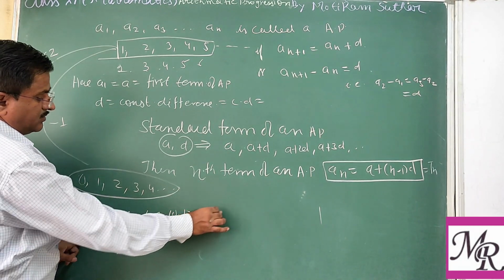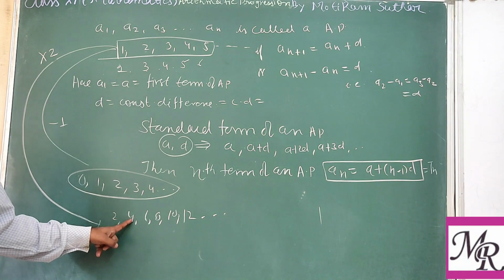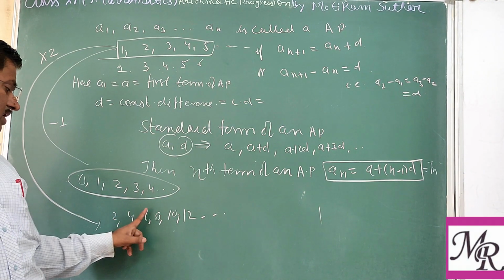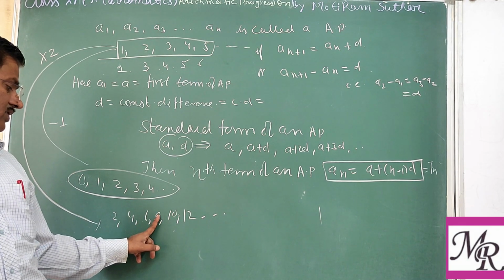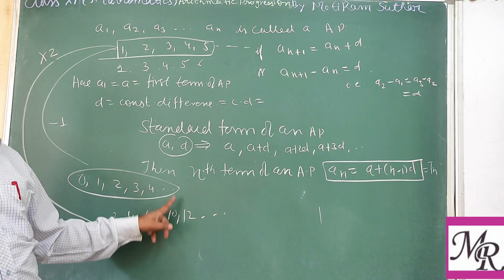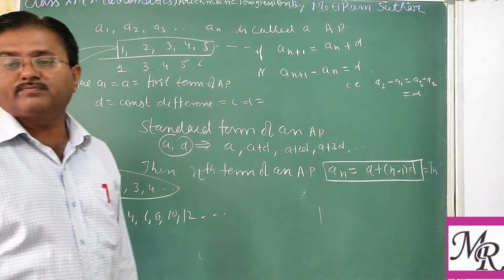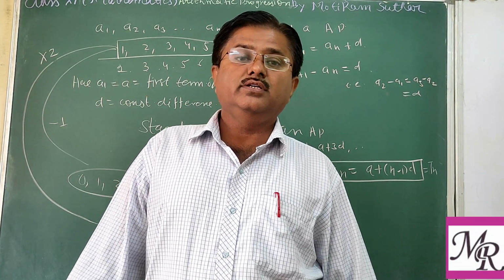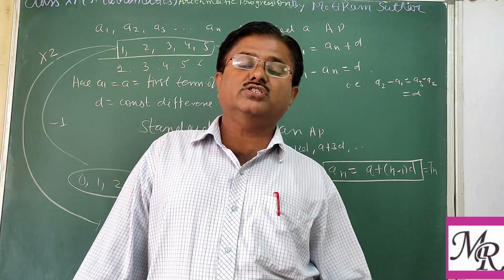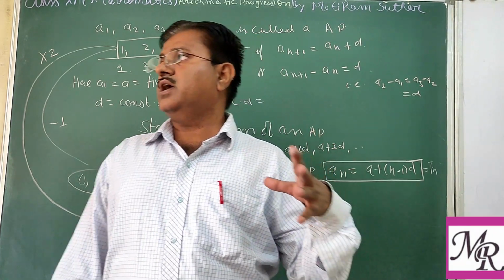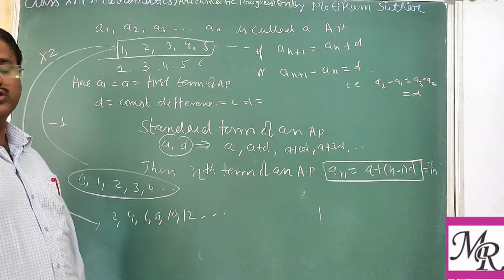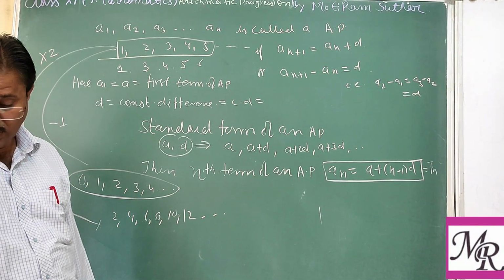You can check, this is also an AP: 4 minus 2 is 2, 6 minus 4 is 2, 8 minus 6 is 2, 10 minus 8 is 2. So when each term of an AP is multiplied by a constant, the new sequence formed is also an AP.